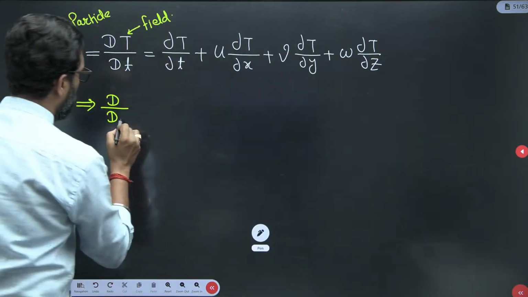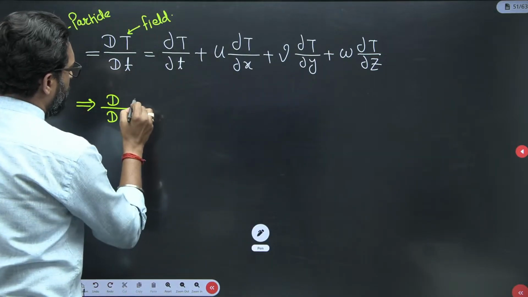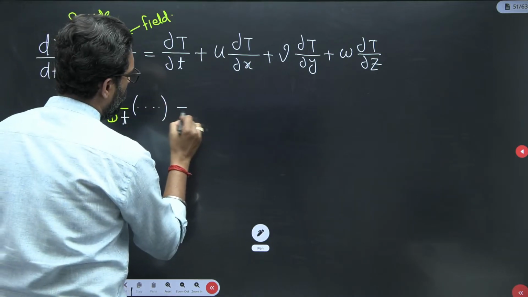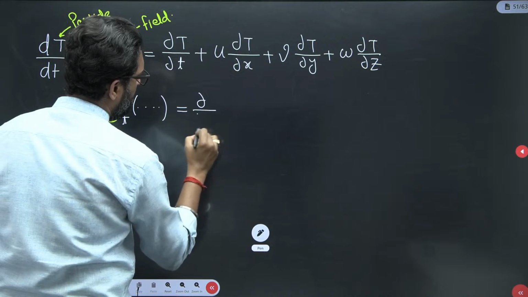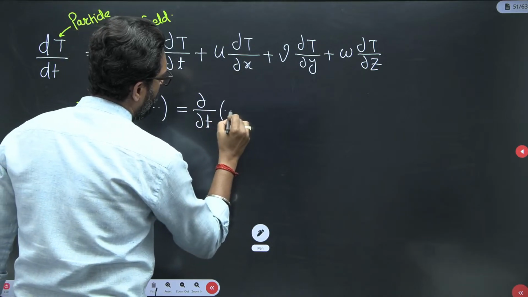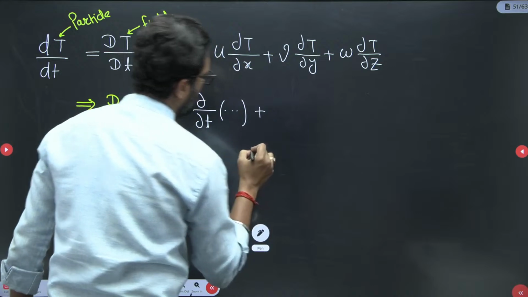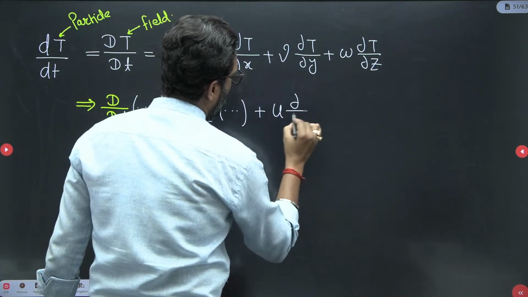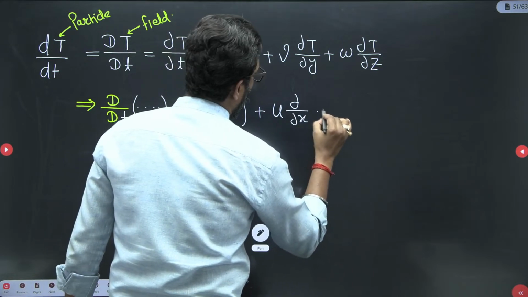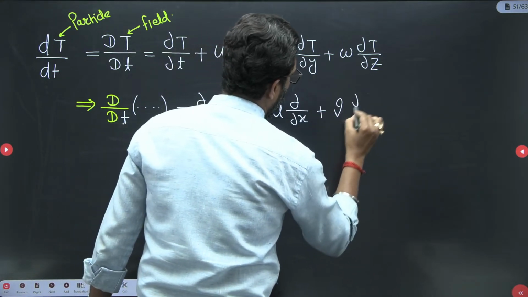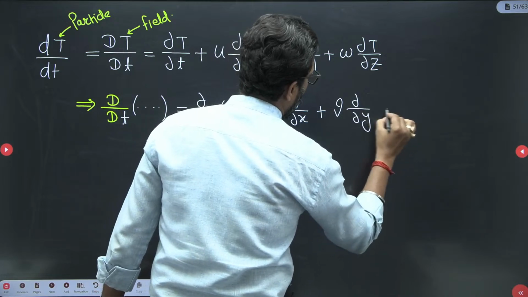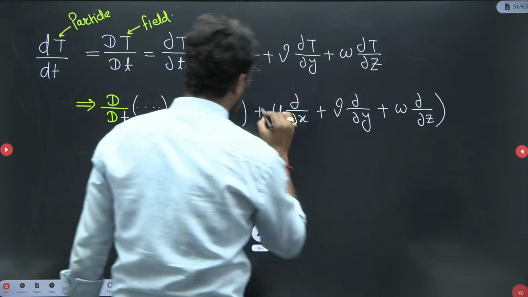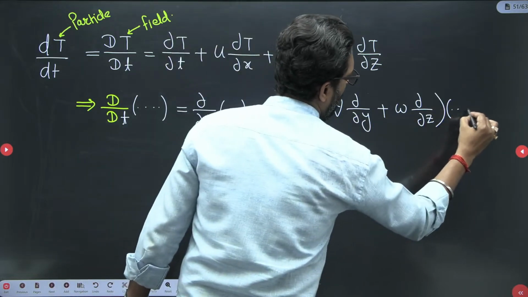If you write like that, dou by dou t of anything is equal to d by dt of anything plus, here we have to write u dou by dou x plus v dou by dou y plus omega dou by dou z of anything, any field.